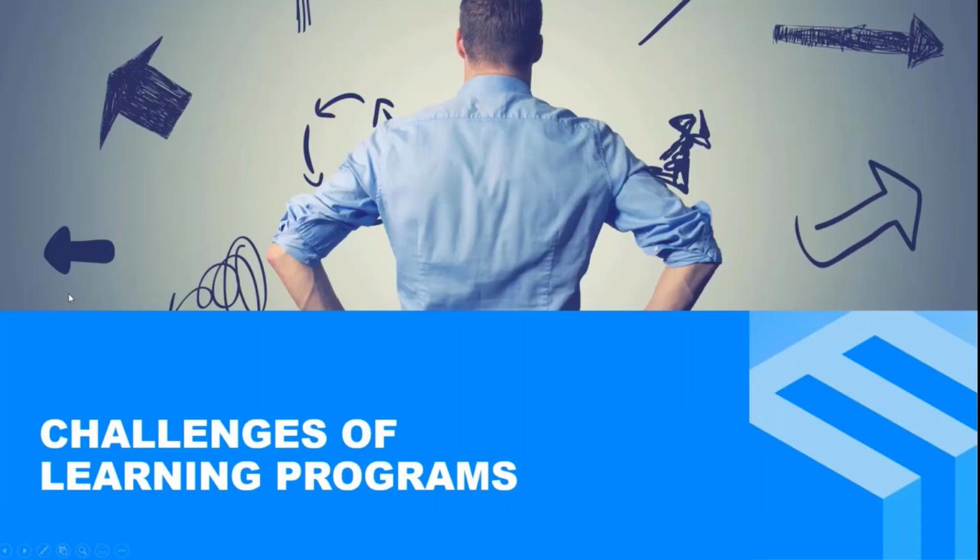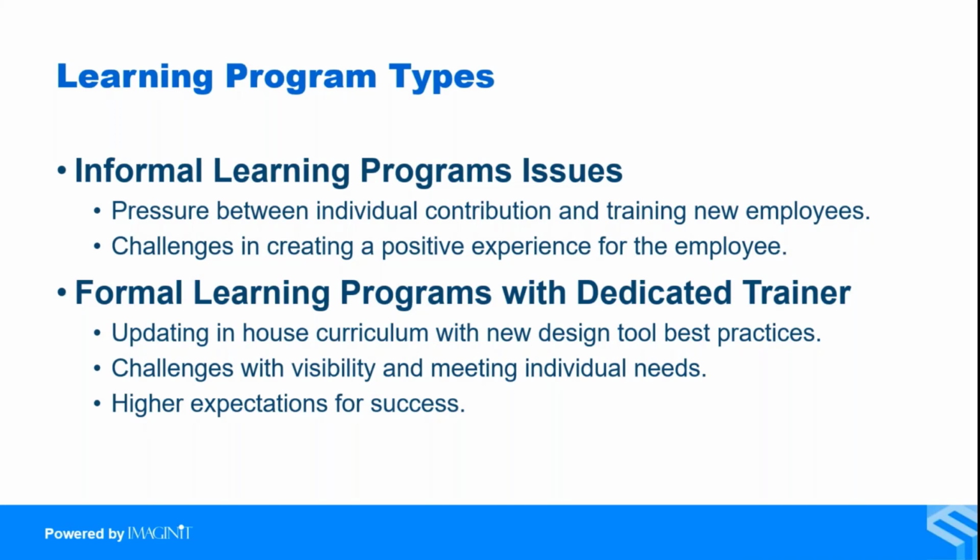So there are a few challenges of certain learning programs that I've been seeing, and they fall into two buckets. You have the informal learning program, which is your 2-week on-the-job type training. Typically, you see this with smaller organizations.